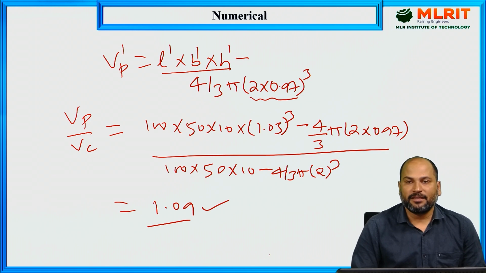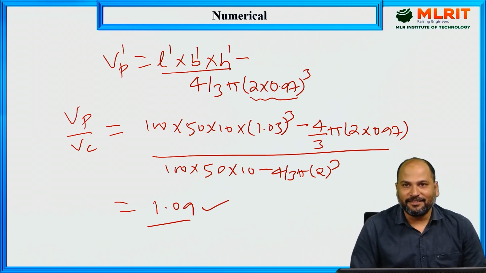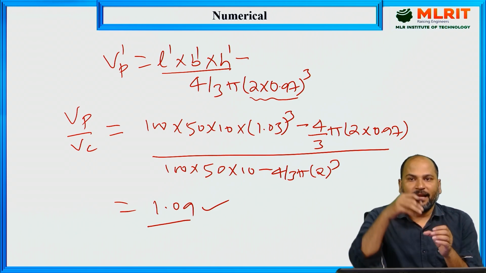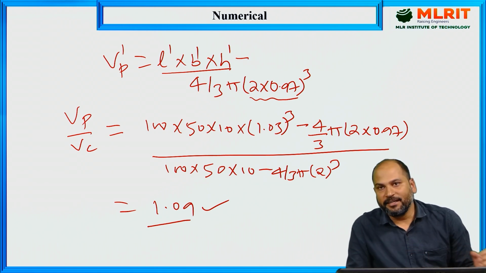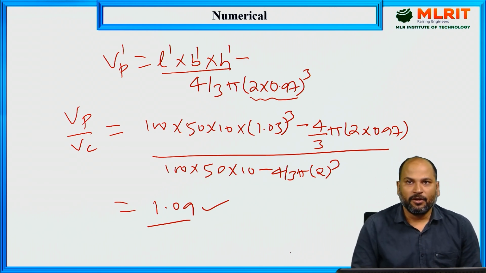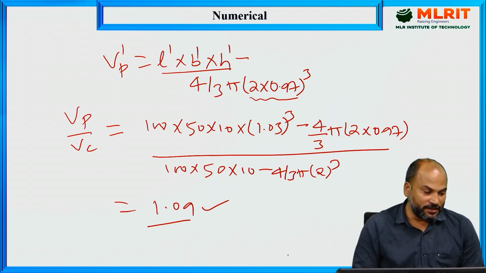Generally they put expansion in the radius, but this is not the case. You can imagine a cylindrical block with a hollow section inside: when there is shrinkage, that radius will reduce. That is the important part of this numerical, and because of that we have taken it. Remaining all the things are the same as in the last numerical.